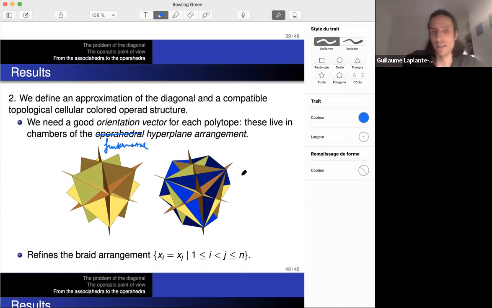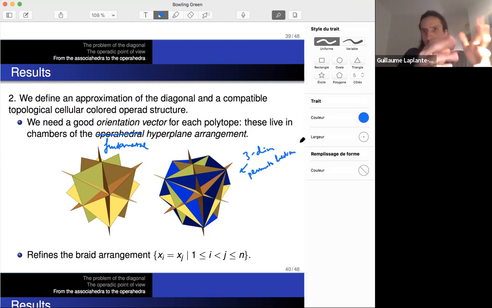Here you see the fundamental hyperplane arrangement for the three-dimensional permutohedron, and you see that it actually refines the braid arrangement. These hyperplane arrangements are present in the literature, but they were not really studied for themselves.